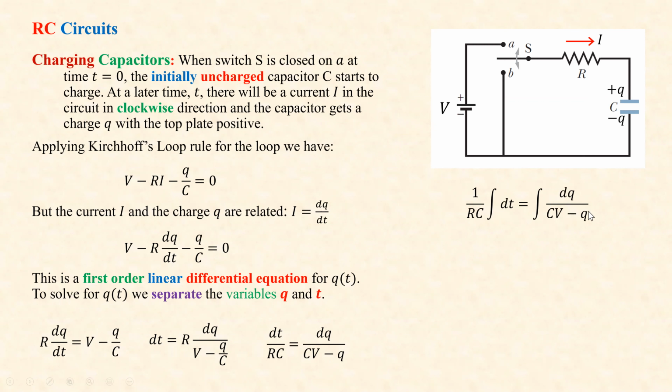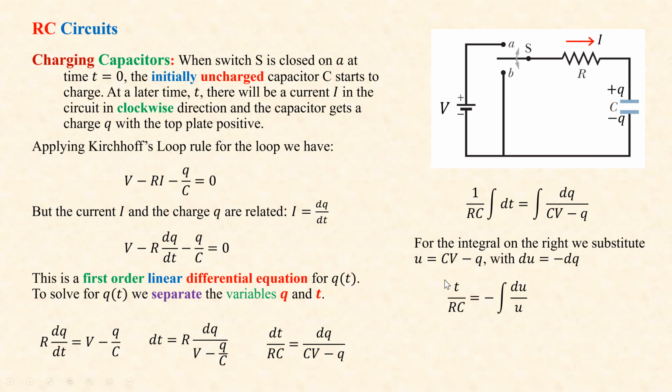Integral of this, you can take the denominator as u, and then you write dQ in terms of du, and then you have integral of du over u, that becomes ln of absolute value of u, and there's a constant of integration. So with that, du becomes negative dQ, right?